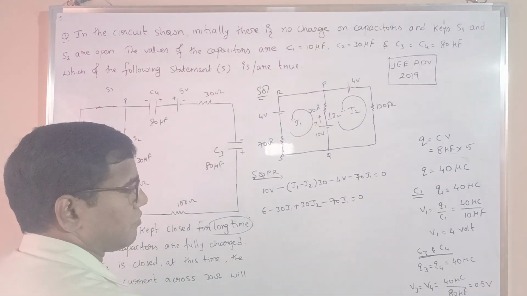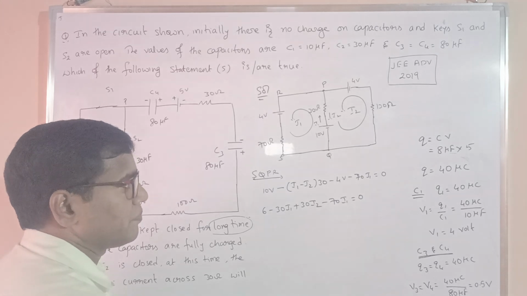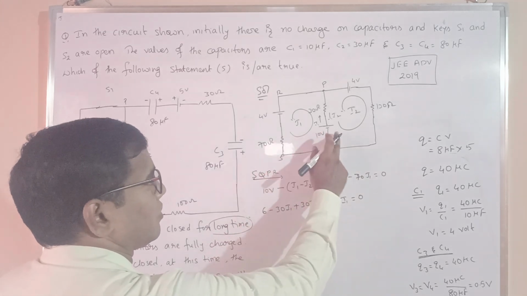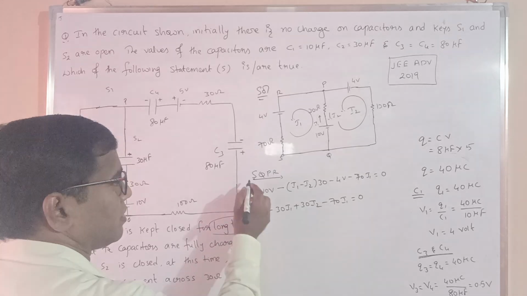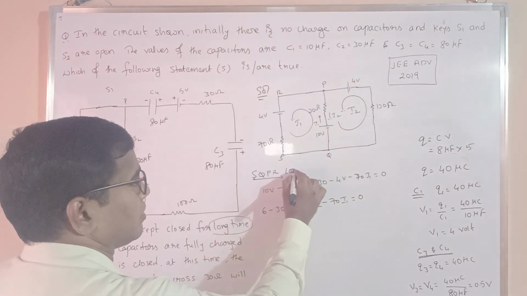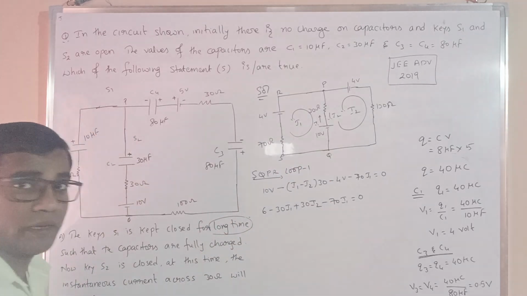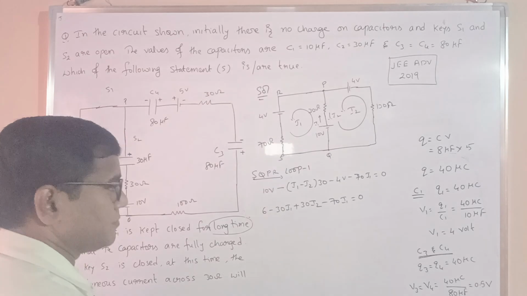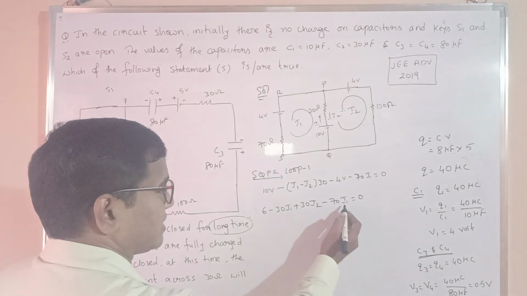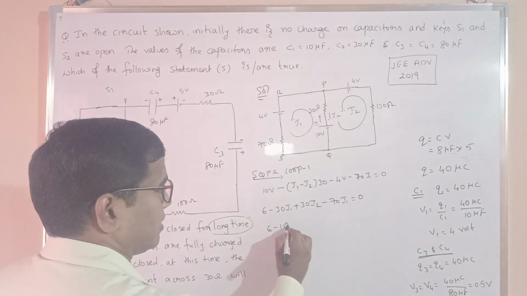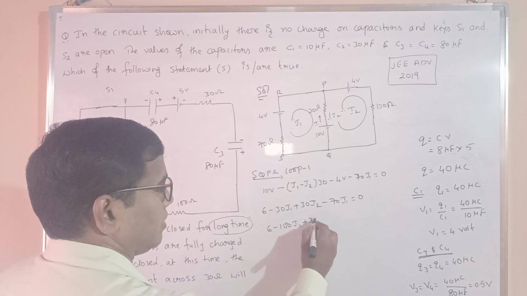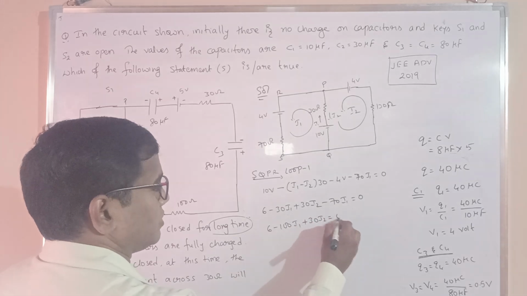We have to find out the expression for I1 and I2, and simply we have to follow the same for loop 2 also. I will write SQPR, loop 1. We will see here. Minus 30 minus 70, minus 100 I1 plus 30 I2 which is equal to 0.